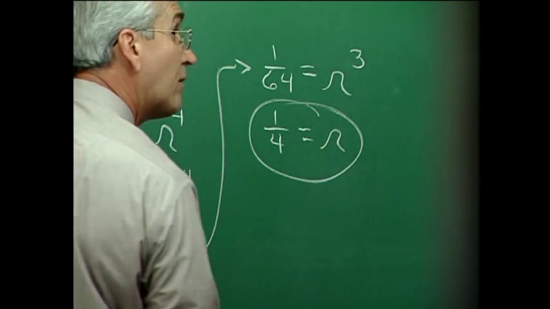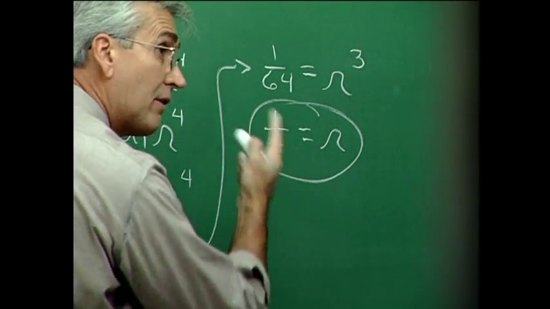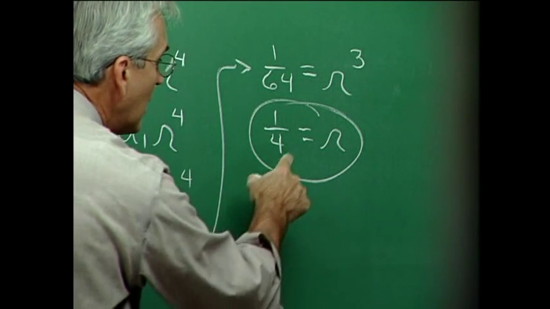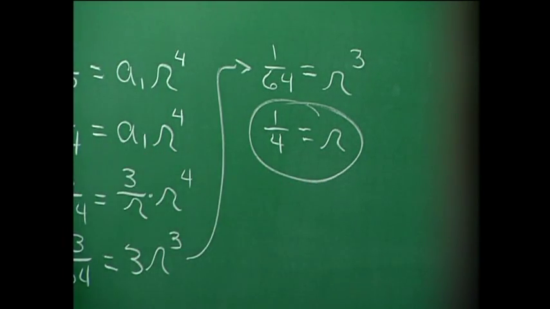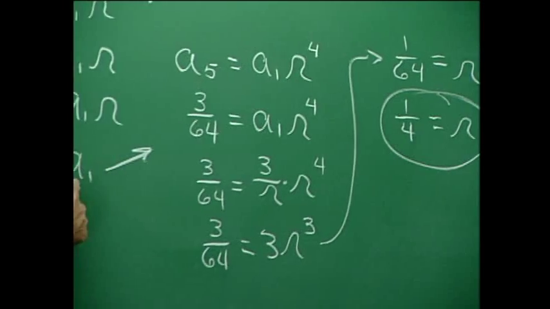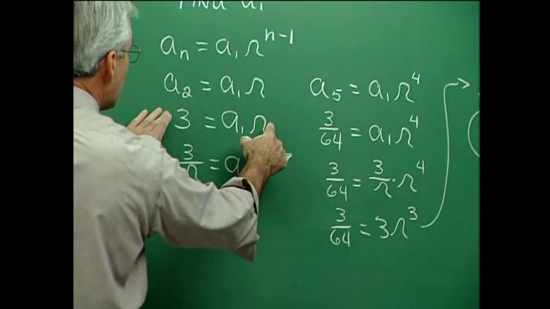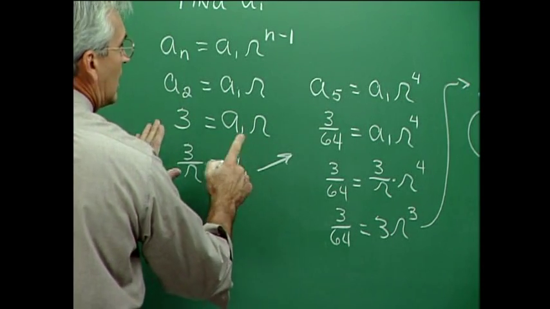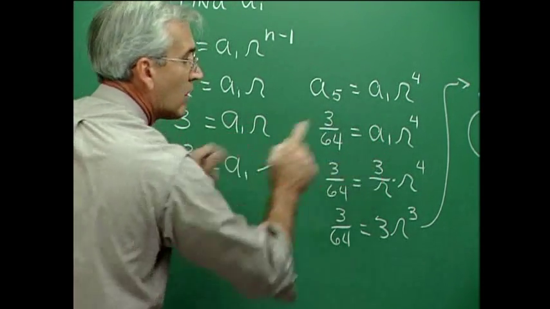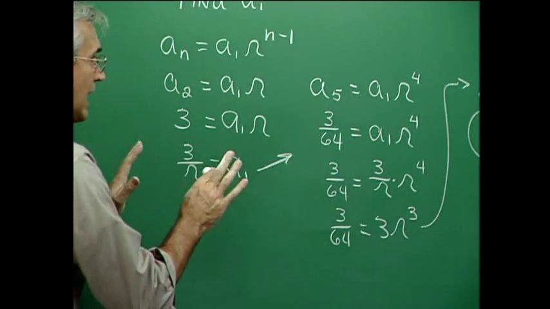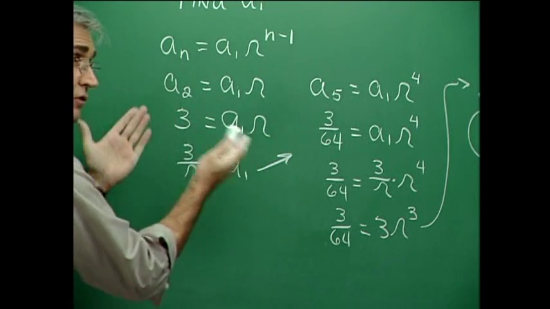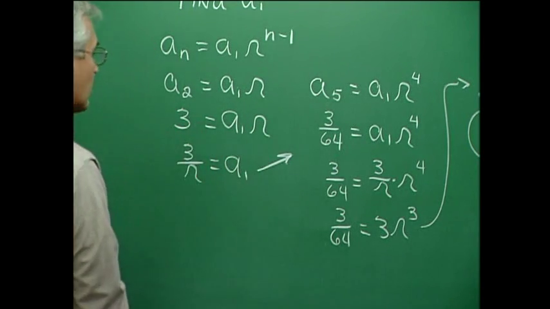Well, if r is 1/4, then I can find the other variable, a sub 1, by using this information back over here. We know that a sub 1 is 3 over r. Now, I could use the information here, here, or over here if I wanted to. But at any rate, I just plug that back into some form that has both variables in it.